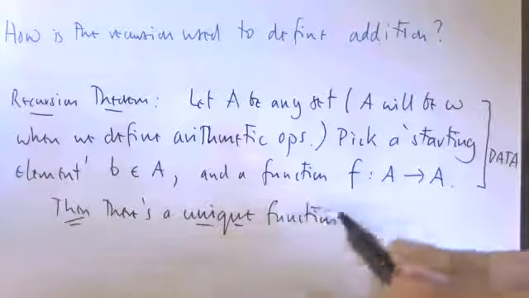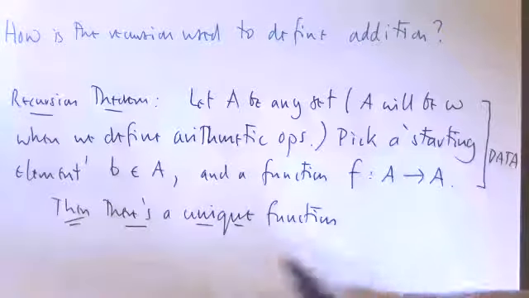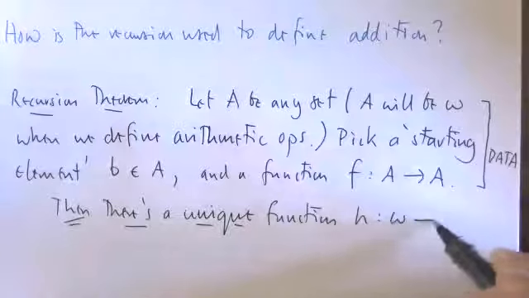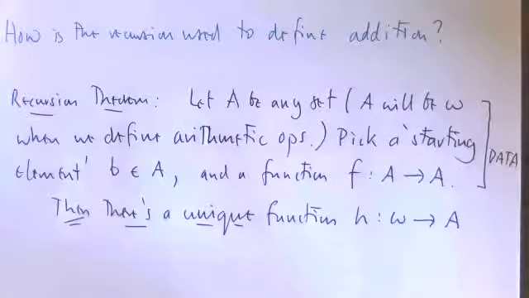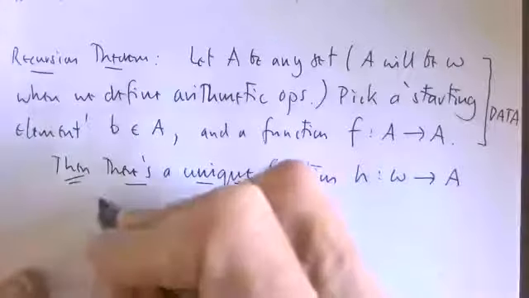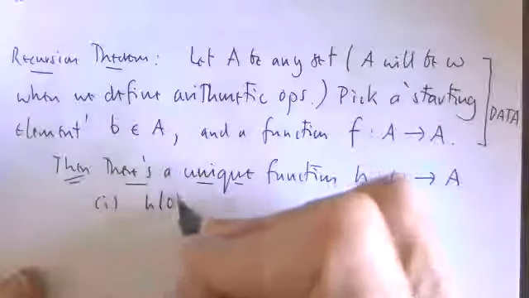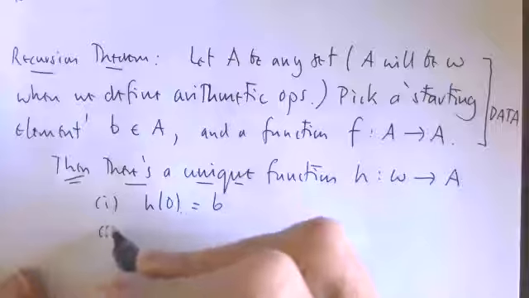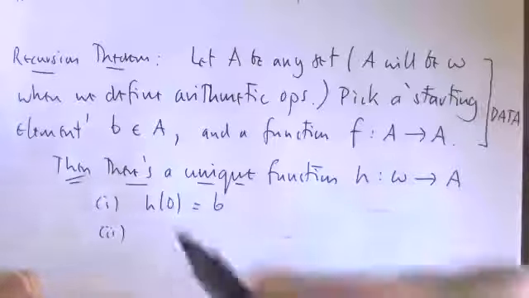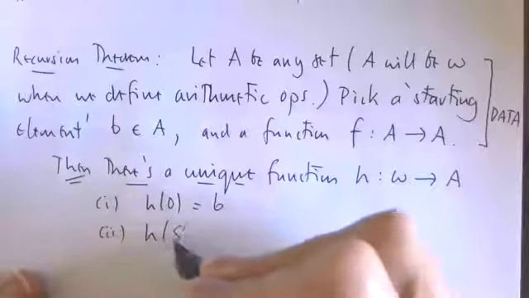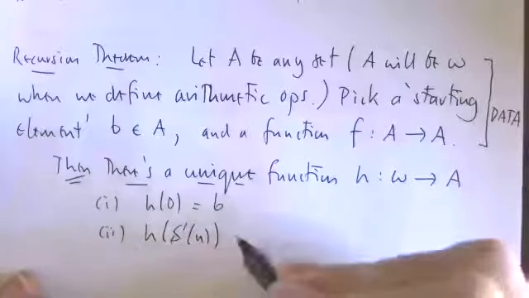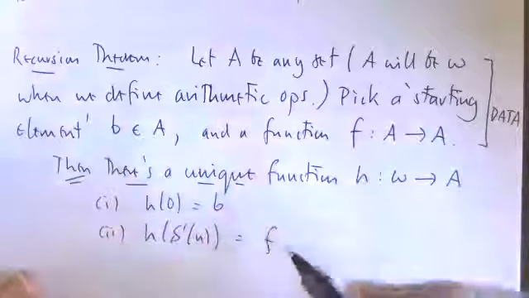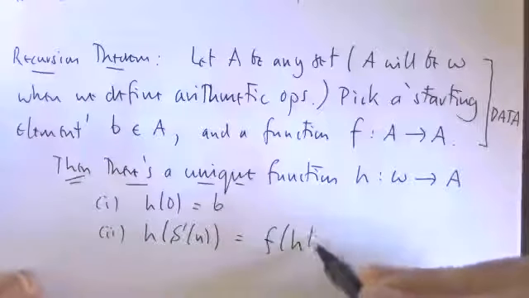So there is a function and it's unique, going from omega into A. It starts out with the starting element, and at successive stages, we apply the next function, the nexting function f, to h of n.